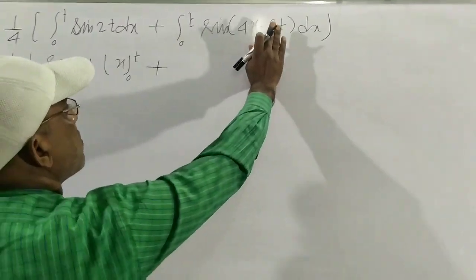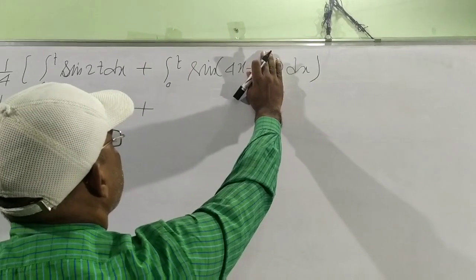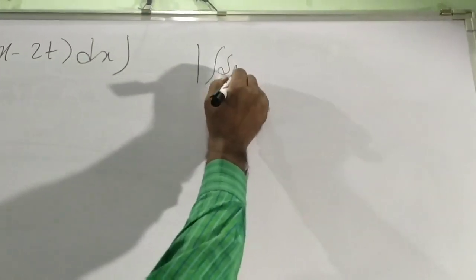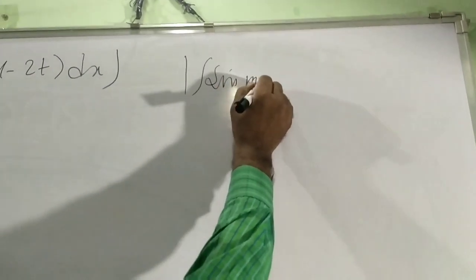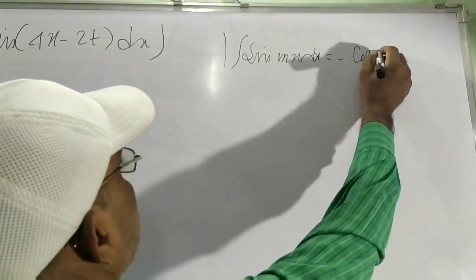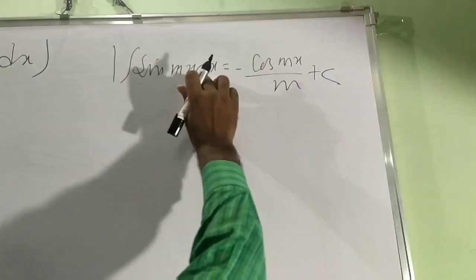Suppose this one is absent, sine mx, this is constant. We know this formula: integration of sine mx dx equals minus cos mx by m plus c. We know this formula.